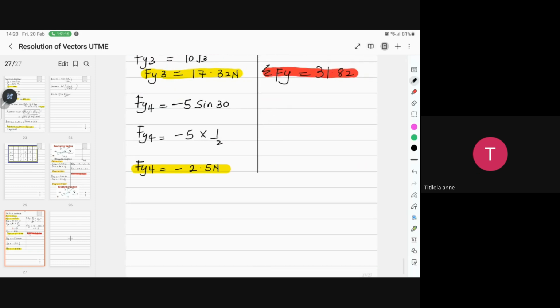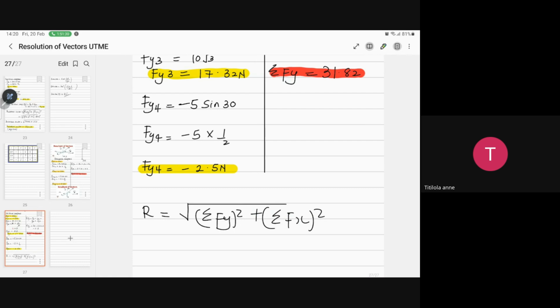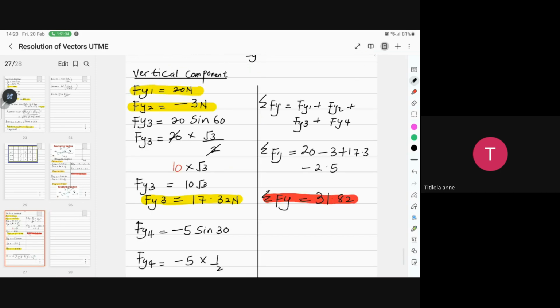So now the next one, we have the vertical component, we have the horizontal component. So now our resultant is going to be what? The square root of summation of Fy squared plus summation of Fx all squared. Now we have our Fy to be 31.82 according to Eniola, which is also good.